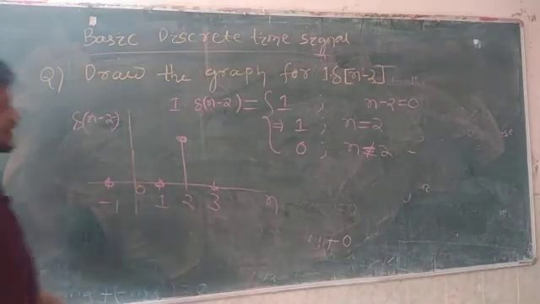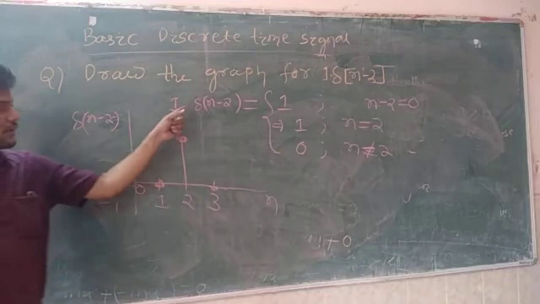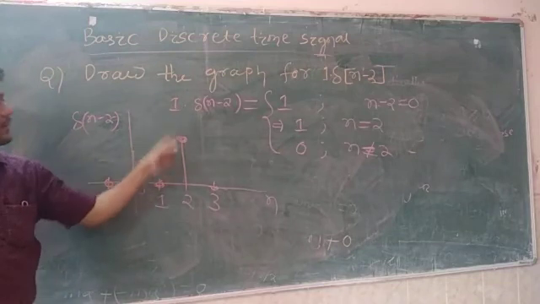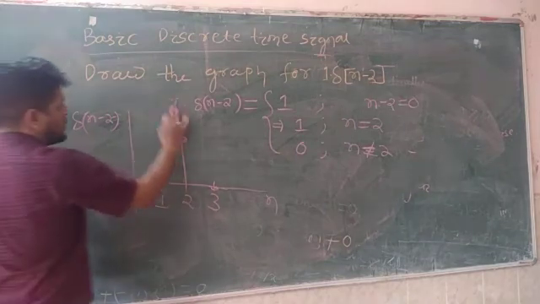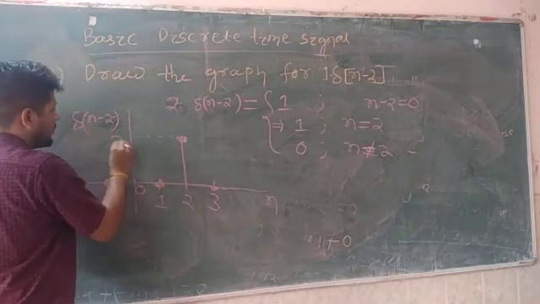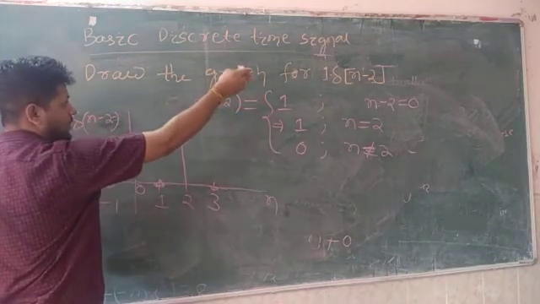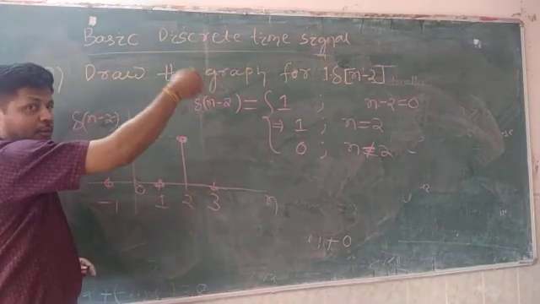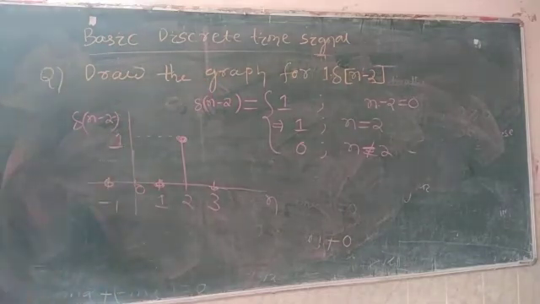That's why I have written here that when n equals 2, the area is 1. Here we said this coefficient is the area. For example, if this were written as 2, then obviously the height would be 2. Since here nothing is given, we assume the coefficient is 1, so the height will be 1.